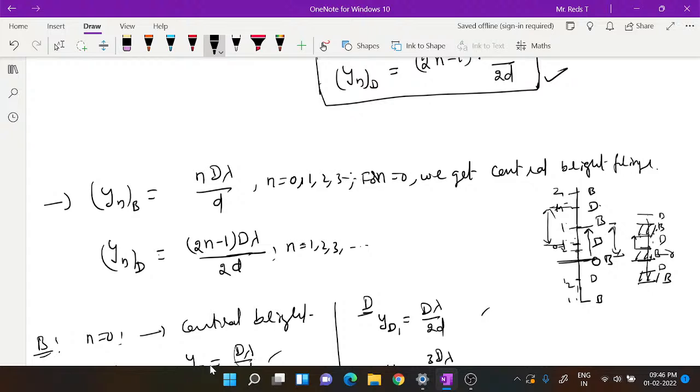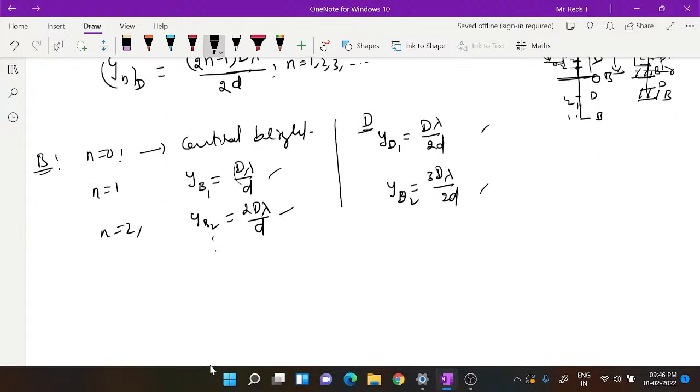Actually speaking, the distance between the centers of the bright fringes gives you the fringe width. Similarly for dark fringes, the distance between the centers of dark fringes gives the fringe width. So it is defined as the distance between any successive bright or dark fringes, and it is called the fringe width.